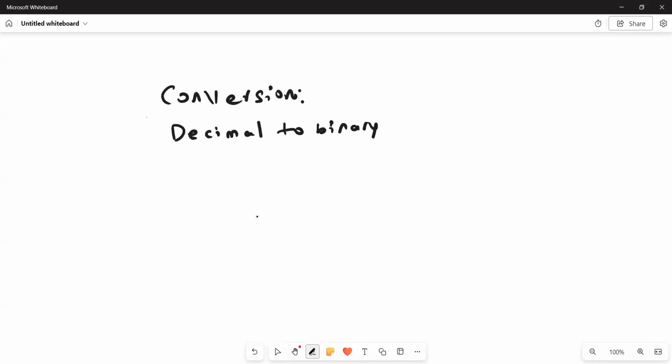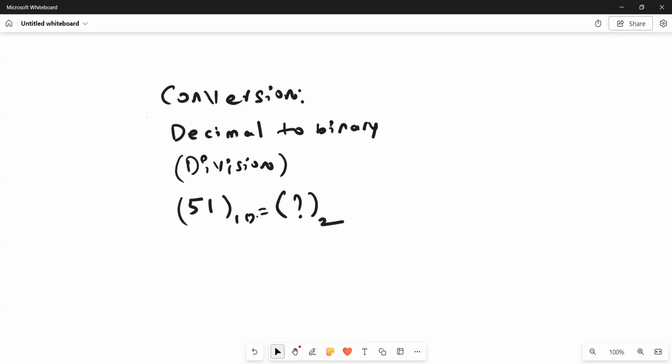If you are converting a decimal number into its equivalent binary number, the process is simply division. Okay, let us take one example. Suppose 51 is the number in decimal, what is its equivalent in binary?